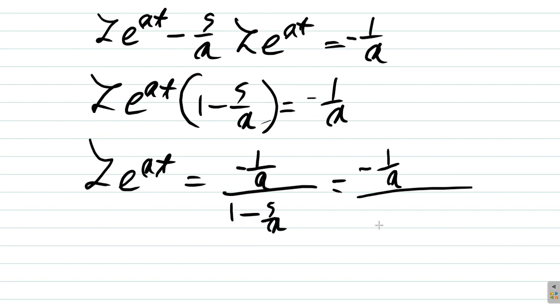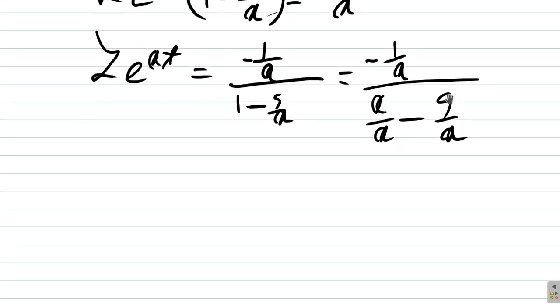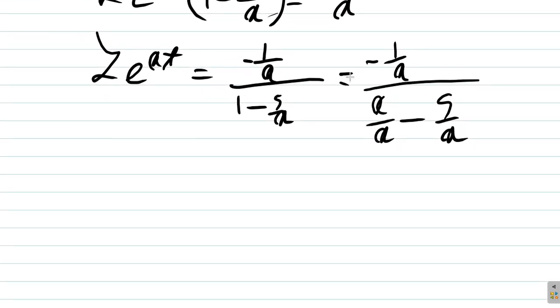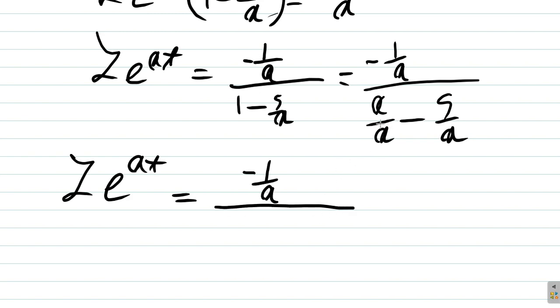You see, the 1 is the same thing as a over a minus s over a. So we have common denominators, right? So now the Laplace transform of e to the at is equal to negative 1 over a up top, over a minus s over a. See that?